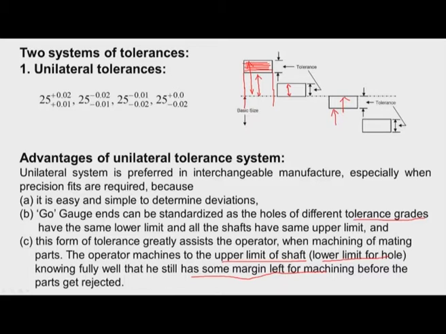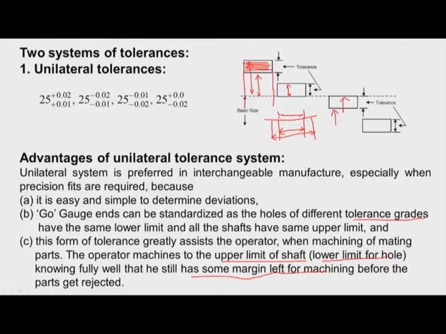So for example, a hole is to be drilled like this. This is the lower limit of the hole and this is the upper limit of the hole. The basic size is coinciding with the lower limit.